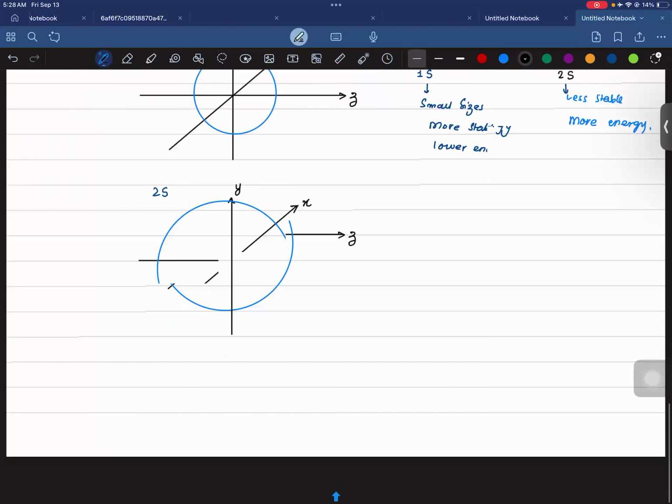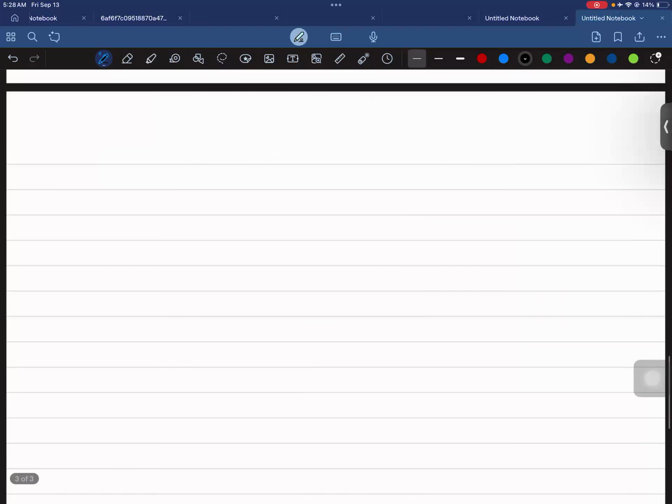Same goes with the p orbital. If you draw this p orbital just like that, this is x. This is px, because I have drawn this orbital on x-axis.